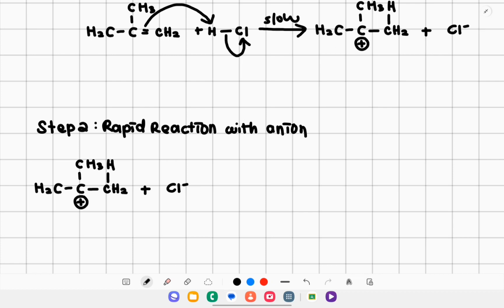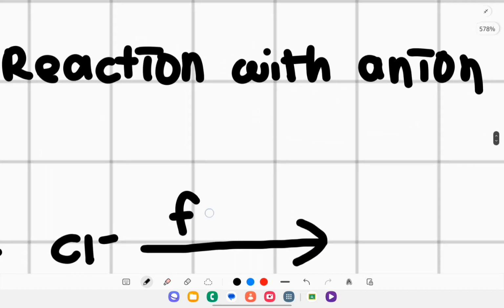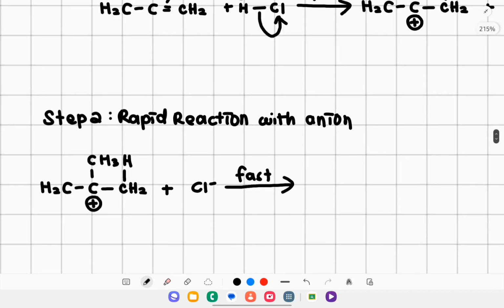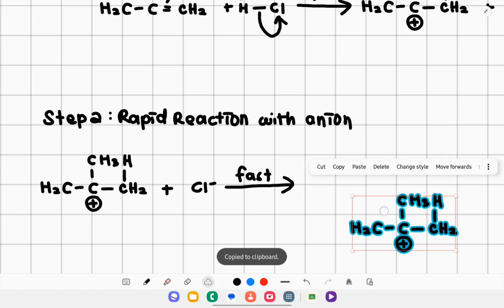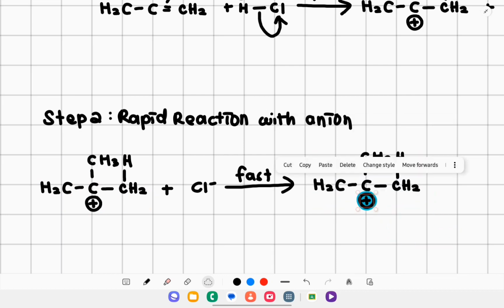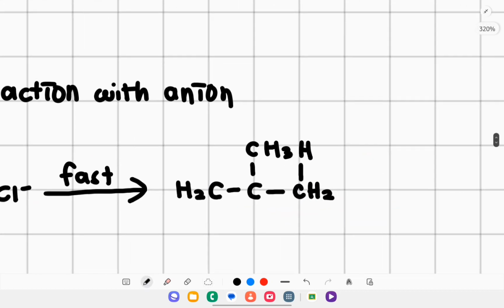That means the Cl will be a site that can donate electrons. So, in step 2, a fast reaction occurs, and then the Cl⁻ ion will attach to this carbon.